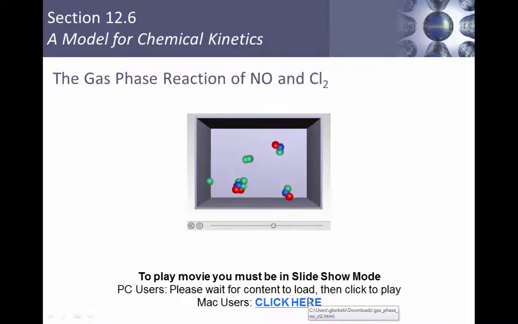When the nitric oxide molecules are completely used up to form product, there are still several chlorine molecules remaining. This is an example of a limiting reagent reaction. So just another visual showing molecular collisions in correct orientation and a review of limiting reactants.